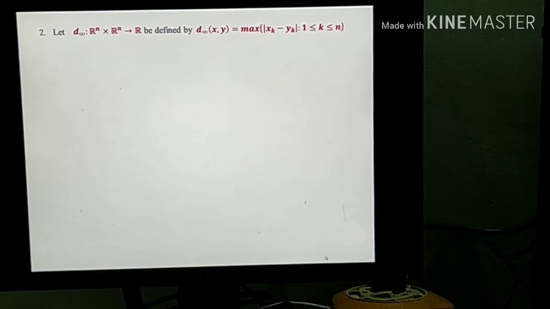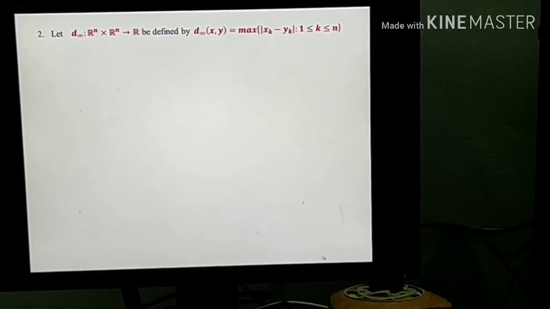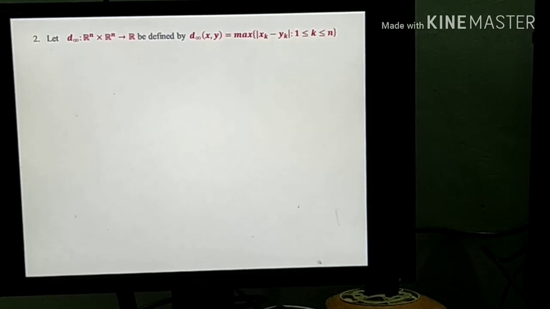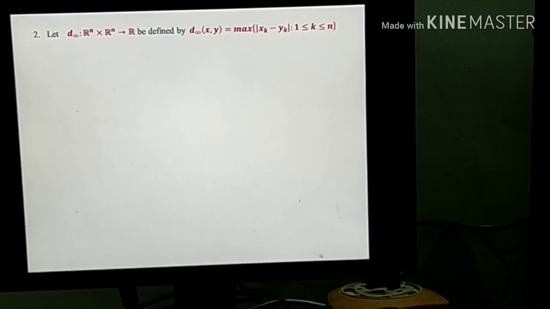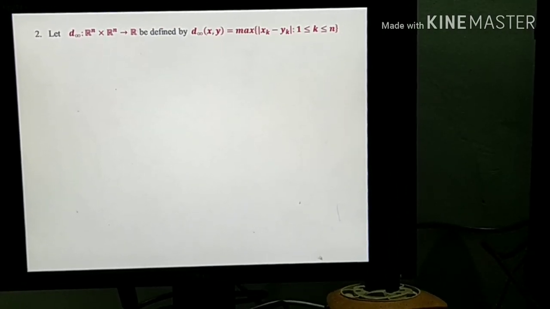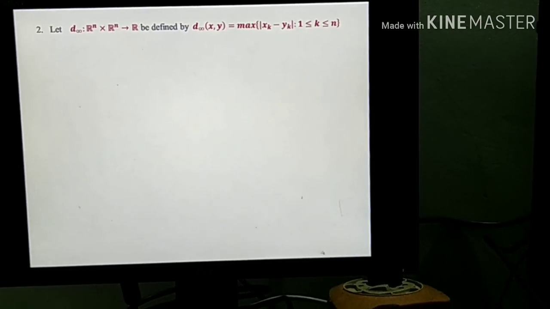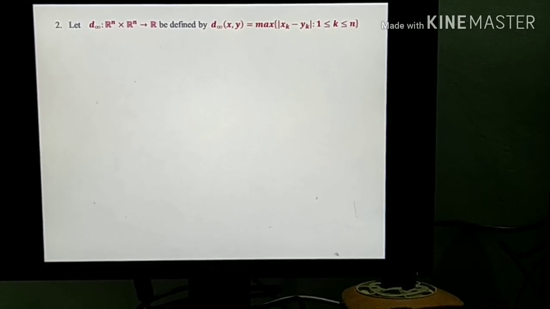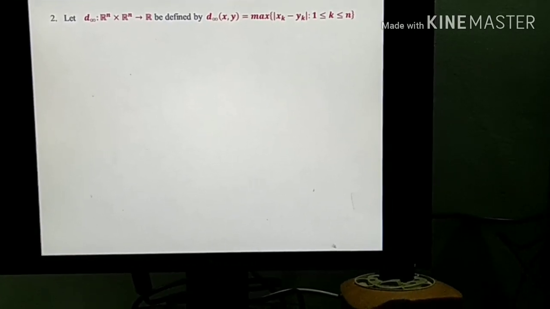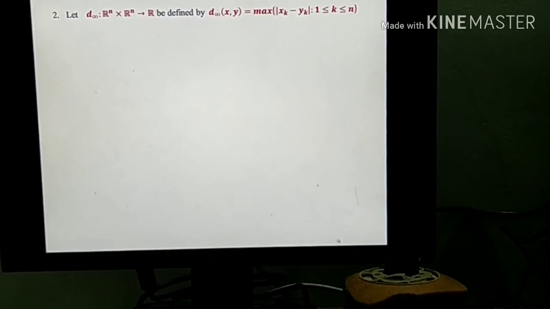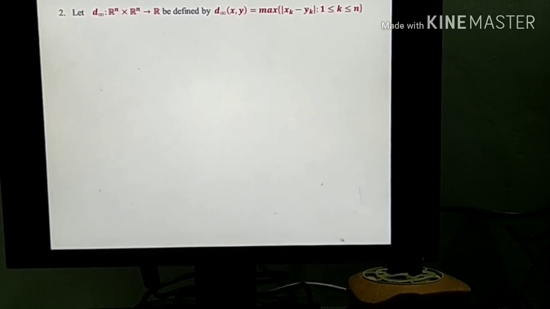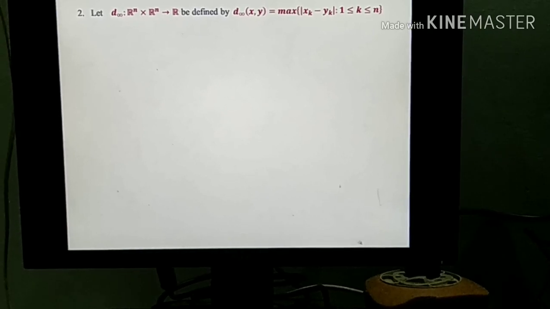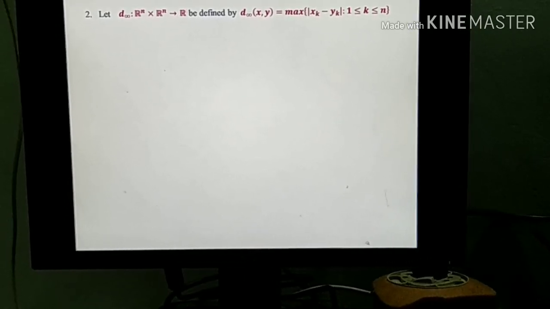Again for the second property, d infinity xy is equal to 0 if and only if the maximum of mod xk minus yk is 0. As we know that none of the mod xk minus yk is negative, means all the absolute values are non-negative, and their maximum is 0, means all absolute values mod xk minus yk must be 0 for every k from 1 to n.